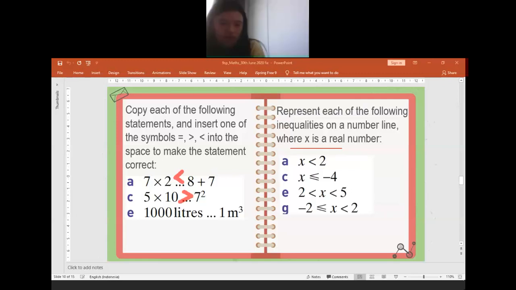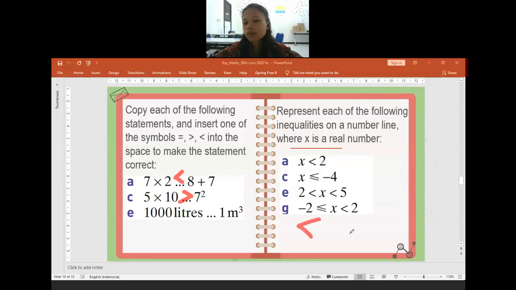Why is it going to the left? You need to look at the sign. Do I have to make a line like this, or like this? Which one is more possible? This one, right? Because this means going to the left. If going to the left, we need to draw the line going to the left.